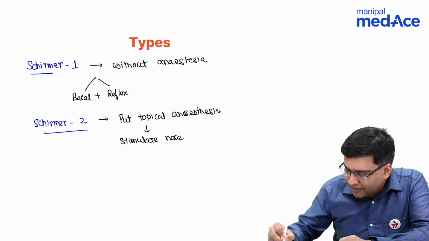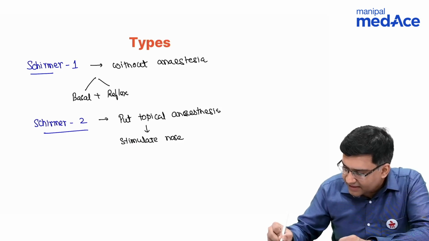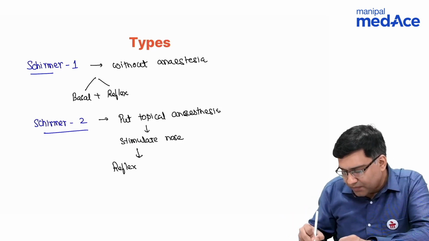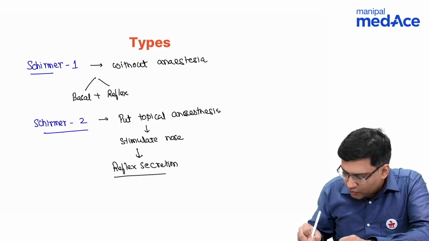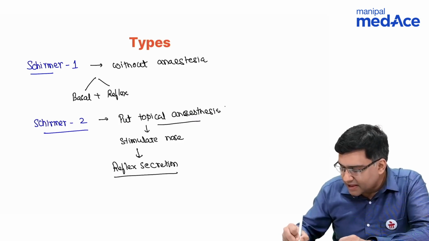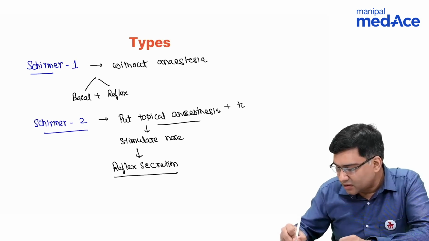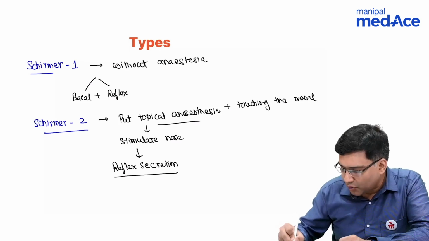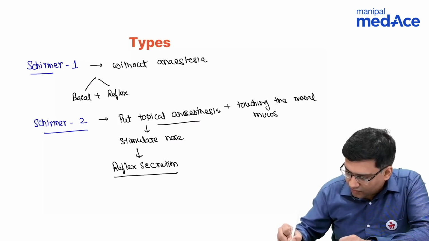Then we get the secretion, and that secretion is just the reflex secretion. So it is with topical anesthesia plus touching or stimulating the nasal mucosa. These are some points you should remember regarding the Schirmer's test.